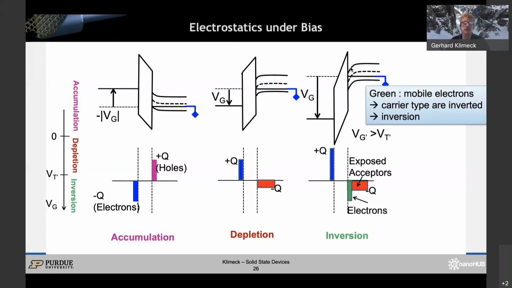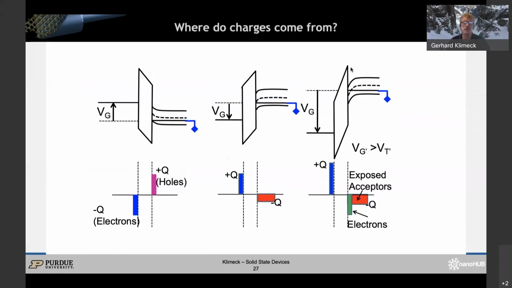And then, of course, there is an issue on how do you get those charges into the system. So here, those are majority carriers. They can react rather fast and be exposed and repelled rather fast, but they come from the body contact. But if you really want to get electrons up into the inversion layer, that is a slower process.